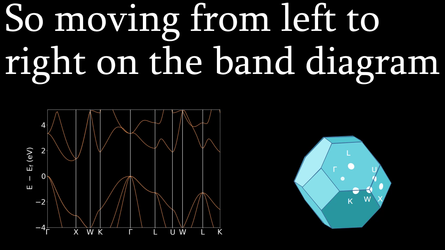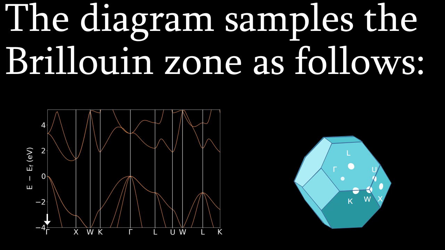So moving from left to right on the band diagram, the diagram samples the Brillouin zone as follows.